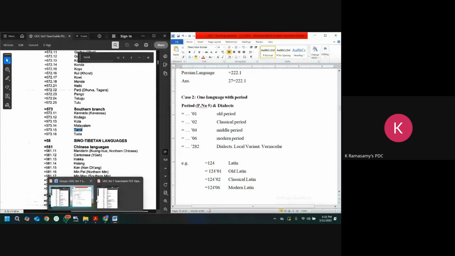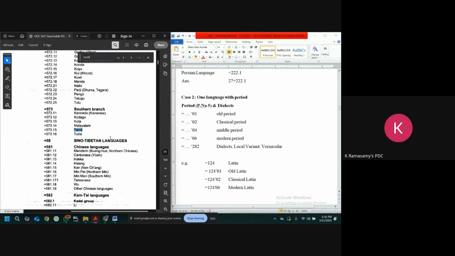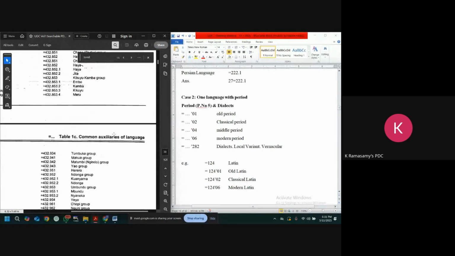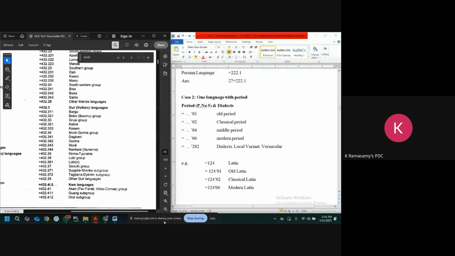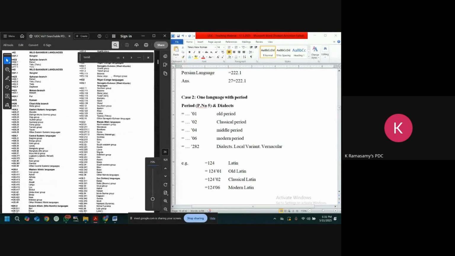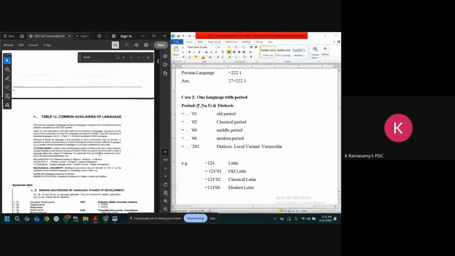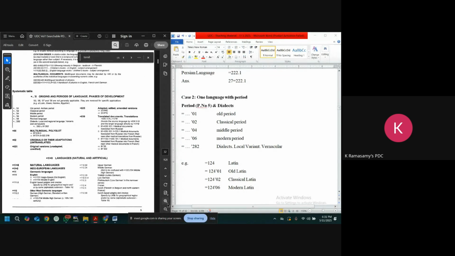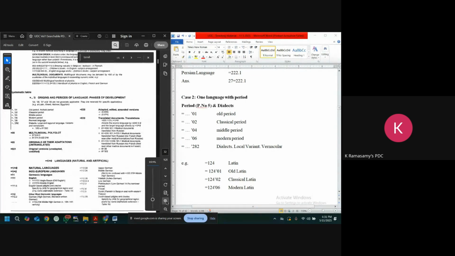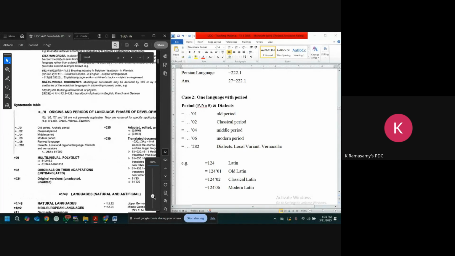Let me go to our PDF file. You can see here in the language table, they give a hint on how you can mention the periods for different languages. I just go to the first page and increase the font size. You can just see here.